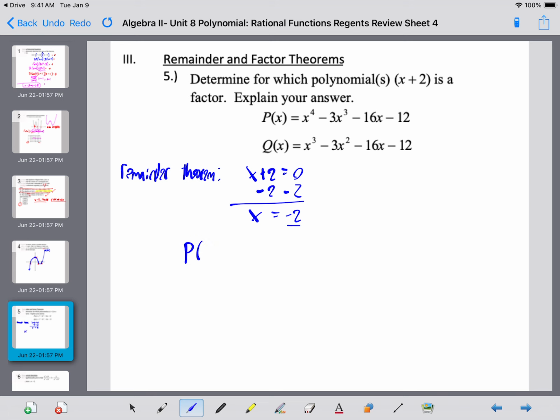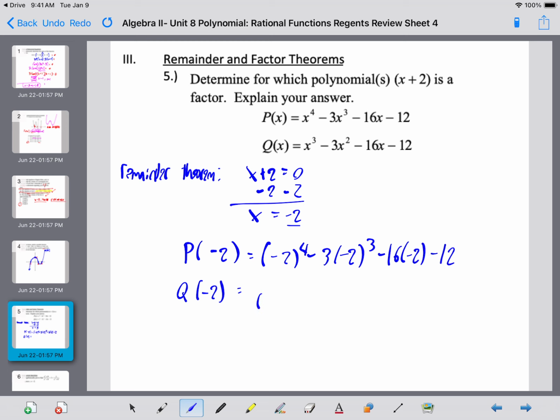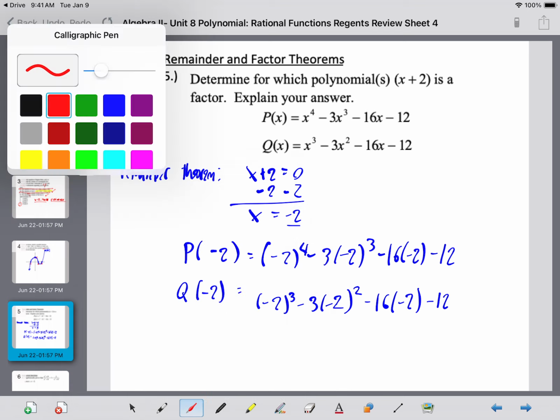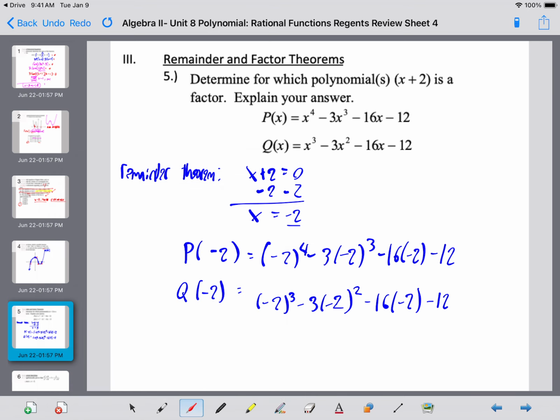So we're going to plug in negative 2, p of negative 2, q of negative 2, okay, put that in your calculator.